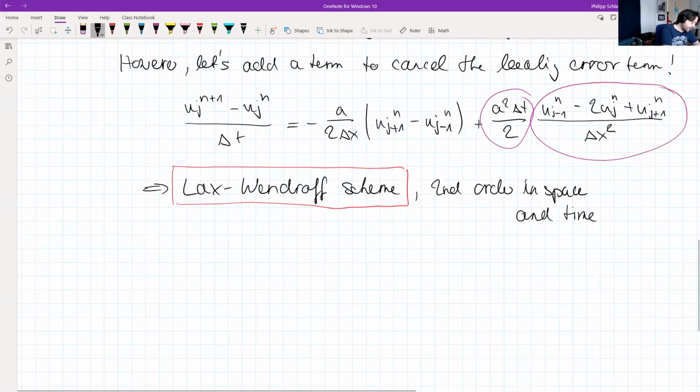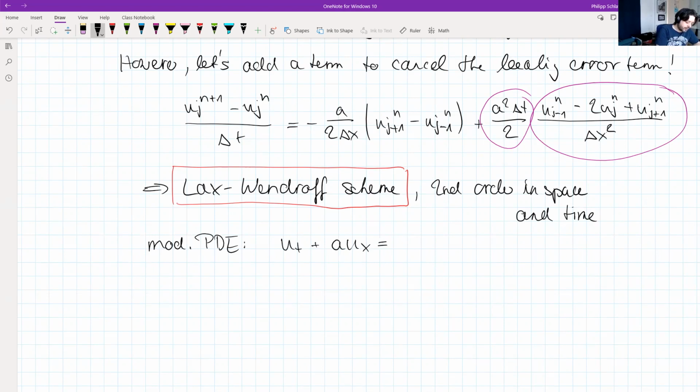Now, of course, I can do an analysis of this scheme and also calculate what the modified partial differential equation is for the Lax-Wendroff scheme. It actually turns out that it looks like this. If you want, you can try that at home. So it's u_t plus a u_x, that's the original equation.